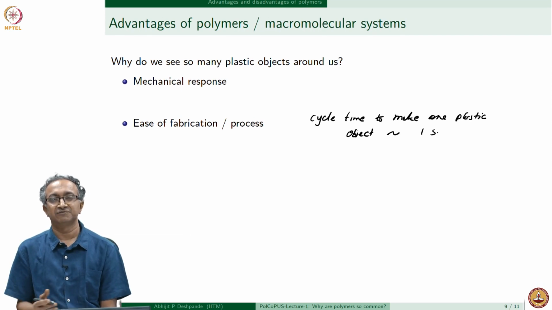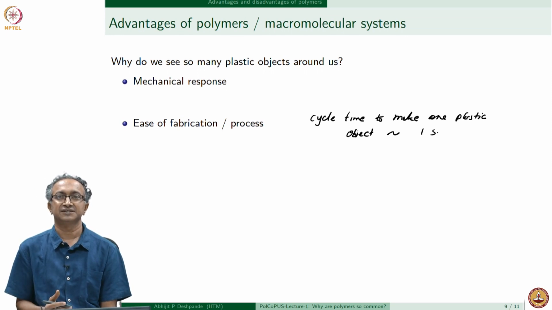Otherwise, you have to make 10 different parts and assemble them into a complex product. In this case, we can see a toy with different materials and slightly different colors, and all of this can be done using a molding operation in a very low amount of time.